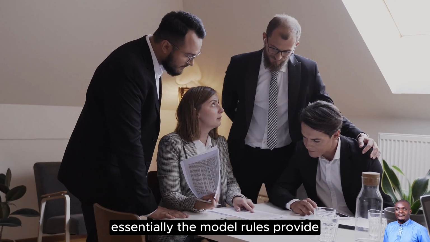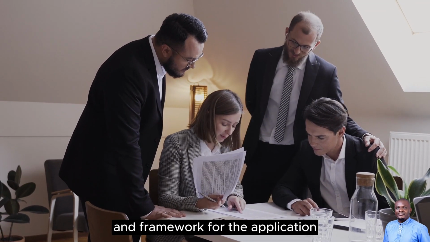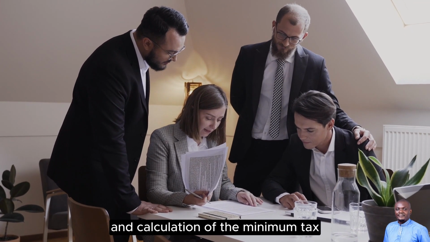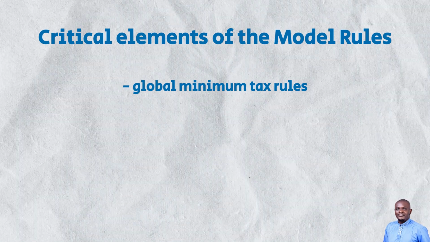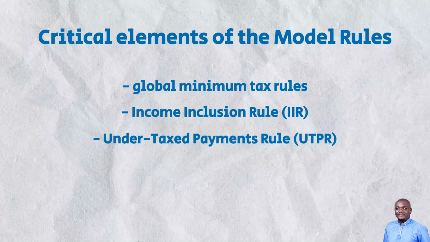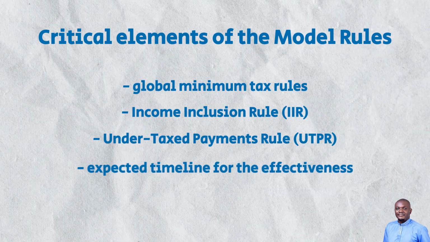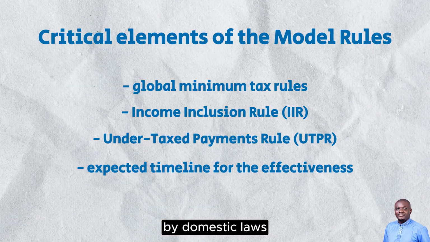Essentially, the model rules provide the necessary guidance and framework for the application and calculation of the minimum tax. The critical elements of the model rules encompass the global minimum tax rules, including the income inclusion rule and the undertaxed payment rule, as well as the expected timeline for the effectiveness of the model rules by domestic laws.